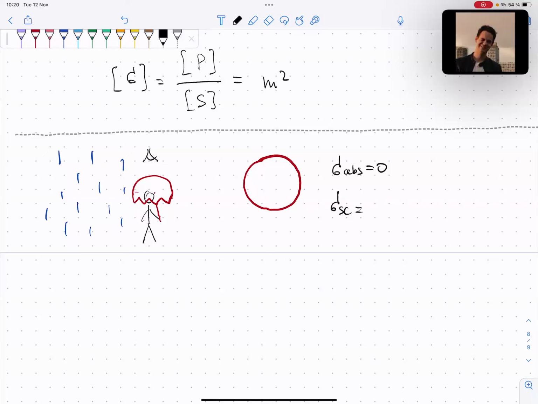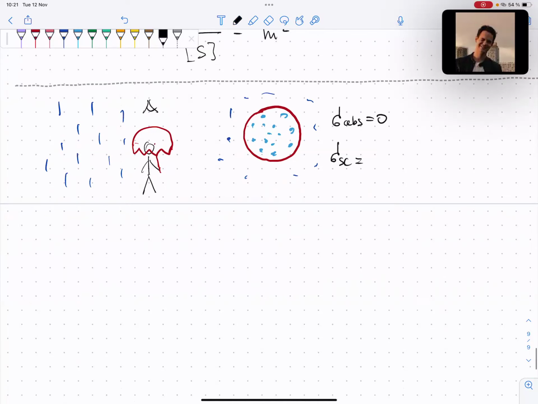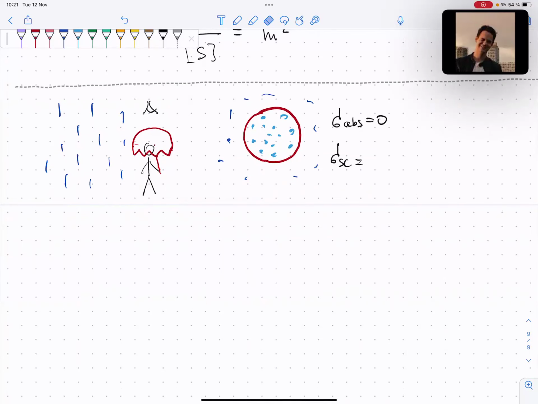So for this case, because no particles are scattered outside of our umbrella, here the rain just drops on the ground. Only this area will scatter the rain particles, and in this case, the scattering cross section will be equal just to the area of the umbrella.